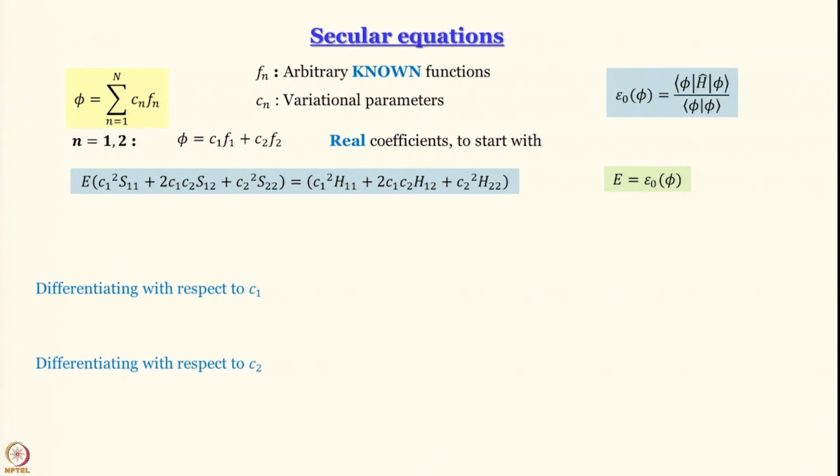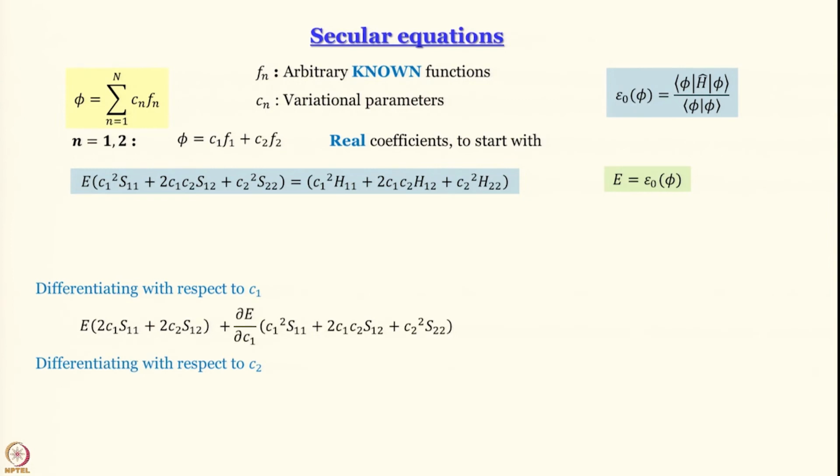So, when we differentiate with respect to C1, everything else is constant. From the first term I get 2 C1 S11, and in the second term dC1 is equal to 1, so I get 2 C2 S12.